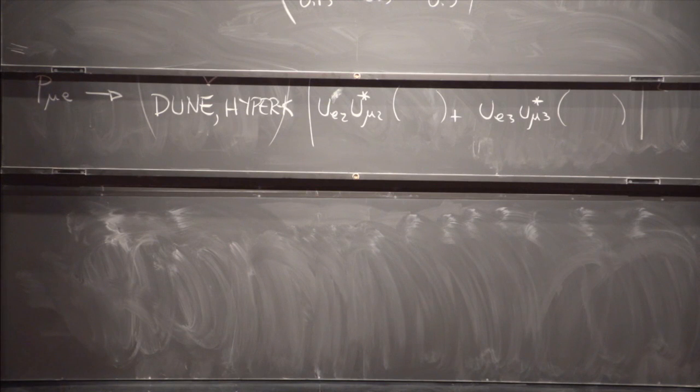And actually, there are 3 delta m squares: delta m squared 2,1, delta m squared 3,1, and delta m squared 3,2. And there are only 2 independent ones. Nonetheless, in this hierarchy over here, the delta m squared 3,1 is bigger than delta m squared 3,2 in absolute value. In this picture here, it's the other way around.